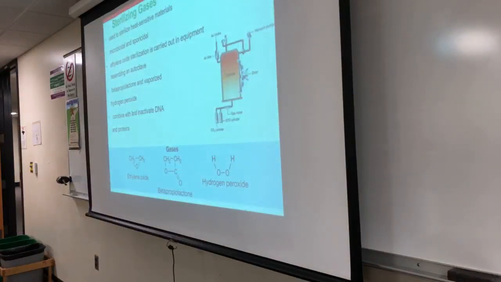Sterilizing gases, you don't need to know the different sterilizing gases. Just know that sterilizing gases are gases that can be used to sterilize. You don't need to know about all the different examples there. They're kind of easy to forget.